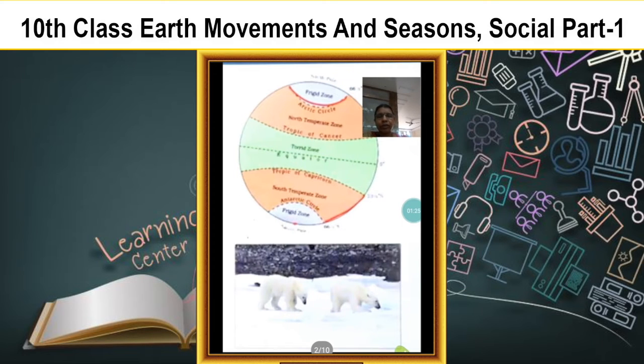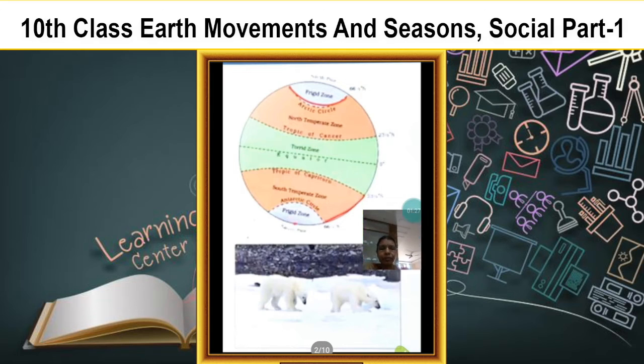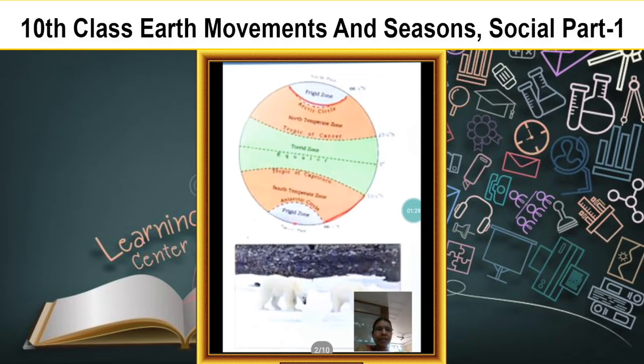Okay, children. This we have learned from very early classes, and we will have a small recap on this. Here, we can see the equator. This is Tropic of Cancer and Tropic of Capricorn, and the greener part here is called the torrid zone.